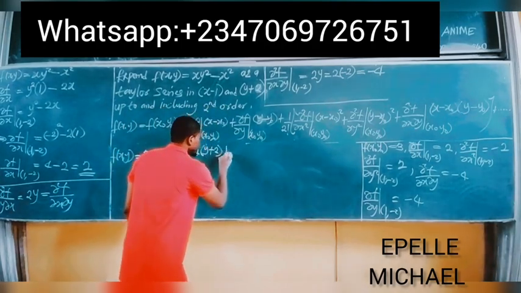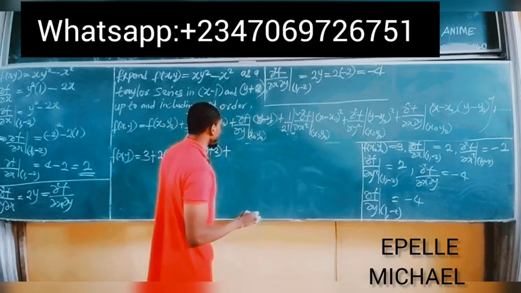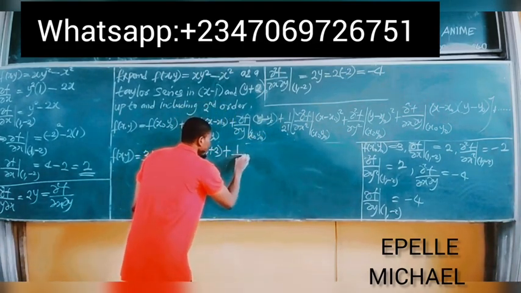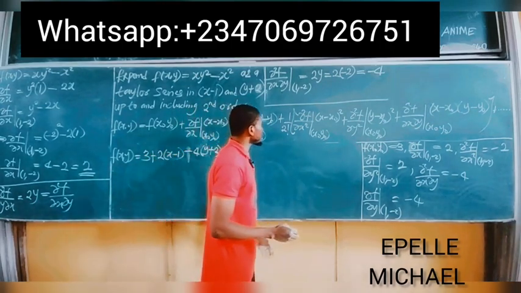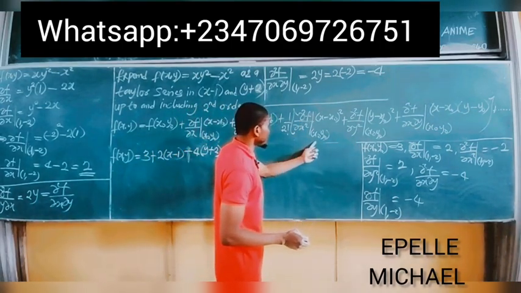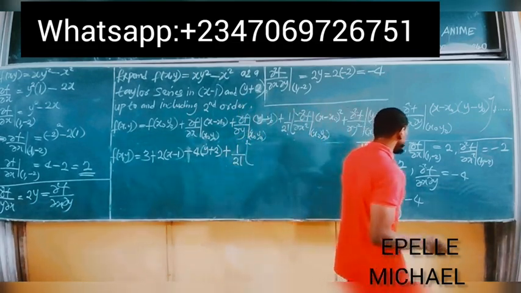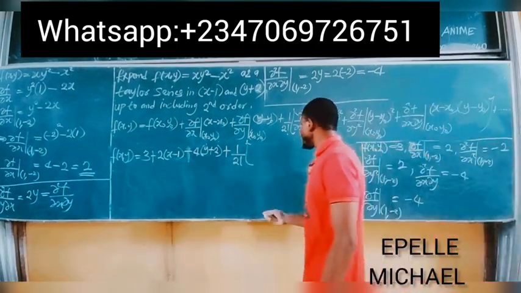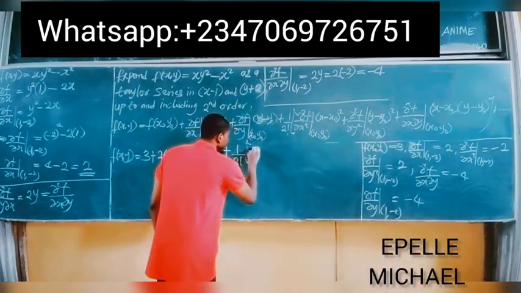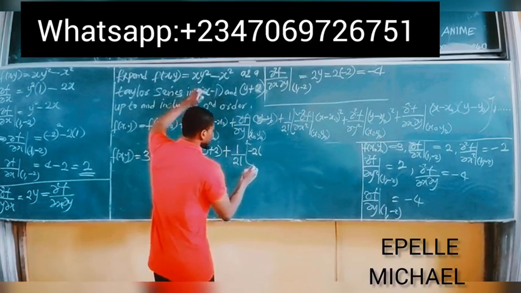Plus, next is the second order now, 1 over 2 factorial. So you put it down, 1 over 2 factorial multiplying first partial squared f partial x squared at the given point, multiplied by (x minus x naught) all squared. So partial squared f partial x squared gives us -2. So you simply have -2 multiplied by (x minus 1) all squared, since x minus x naught gives x minus 1 from the question.